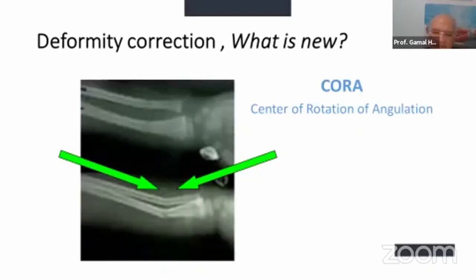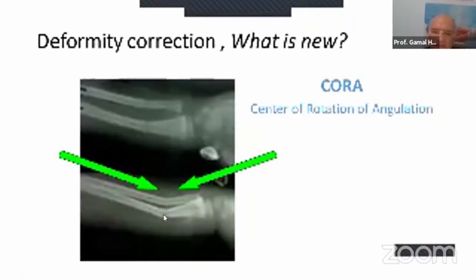But remember, a long time ago, when we were treating fractured lower-end radius, we were doing flexion and deflection to correct the deformity. So if you see here, we consider the site of the fracture as a deformity. So this is the CORA, or the apex of the deformity.